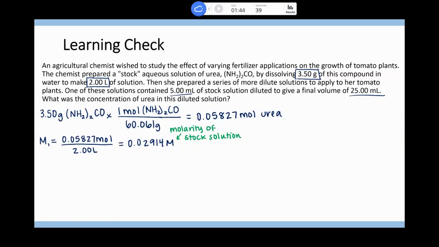So she takes the stock solution and dilutes it by taking 5 milliliters of the stock solution and adding water to it. So our volume of the stock solution is 5 milliliters, which we need to convert to liters.